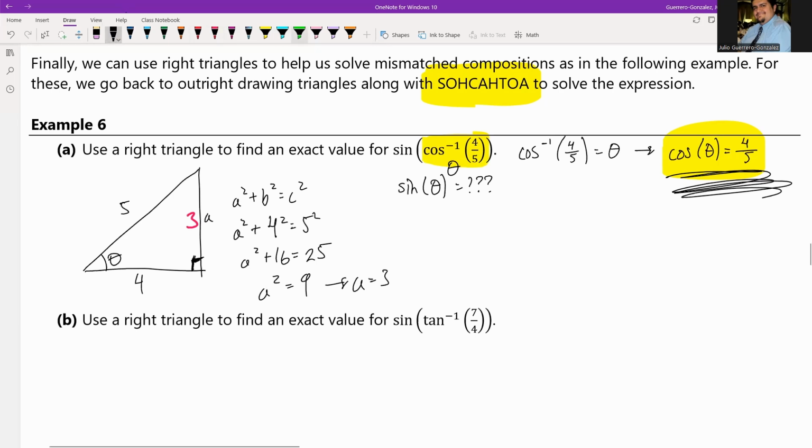Because now, you guys remember, I was trying to find sine of this triangle. The thing that was missing for sine was the opposite, wasn't it? And we just found it. So then that means sine of my angle, which is equal to the sine of my original thing, of cosine inverse of 4/5, that has got to be equal to 3/5. We are done.